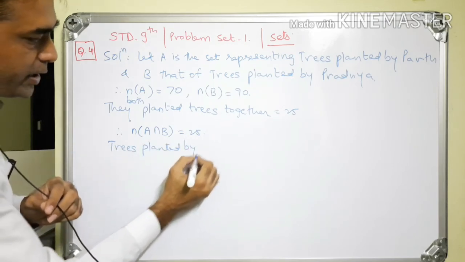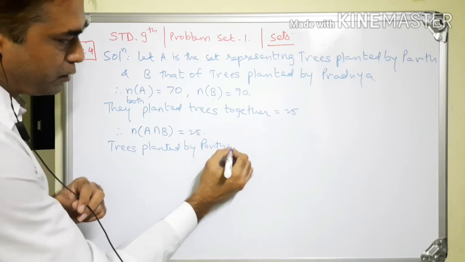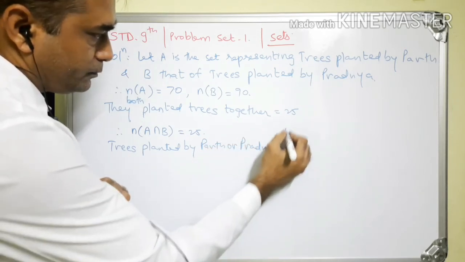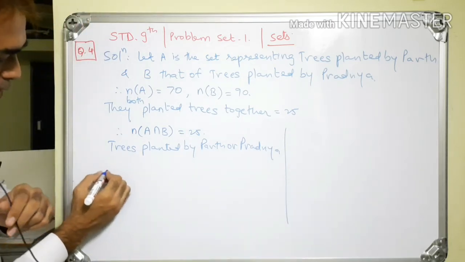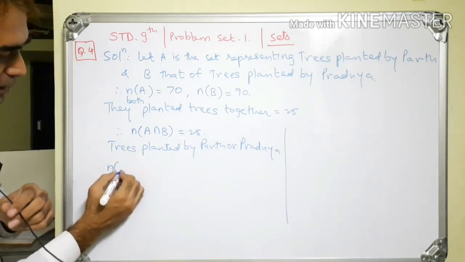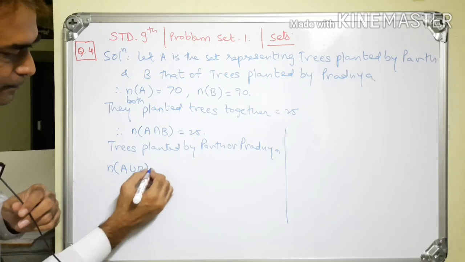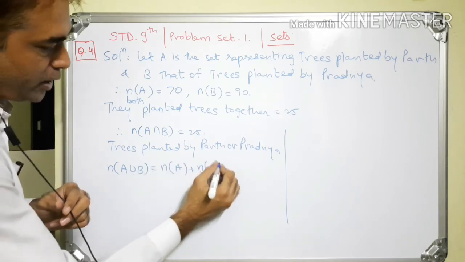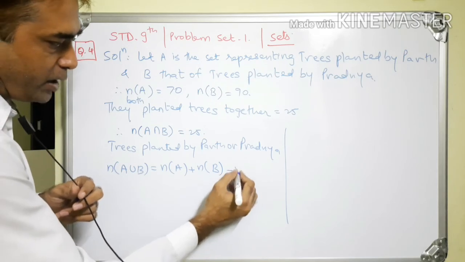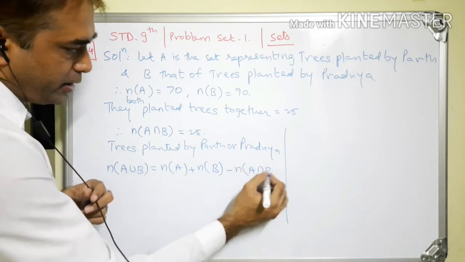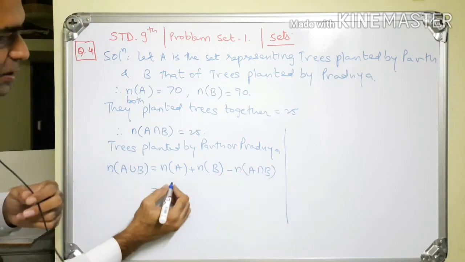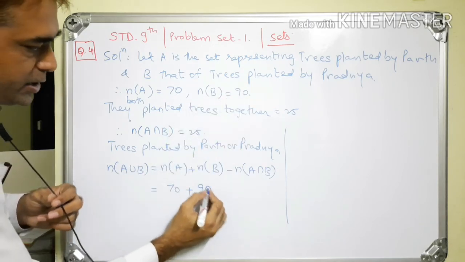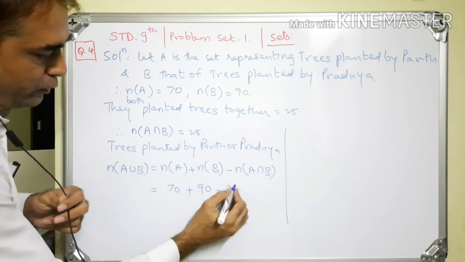Trees planted by Parth or Pradnya will be the number of elements in set A union B, which equals the number of elements in set A plus the number of elements in set B minus the number of elements in set A intersection B. So this is equal to 70 plus 90 minus 25.